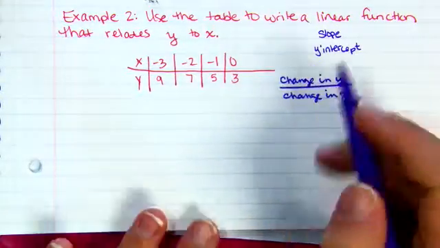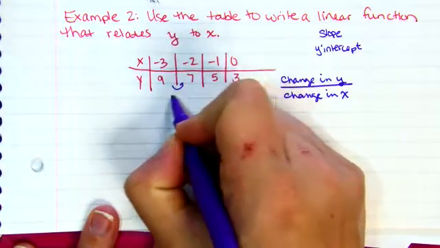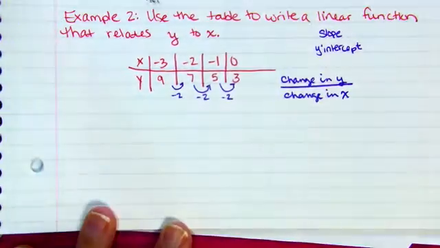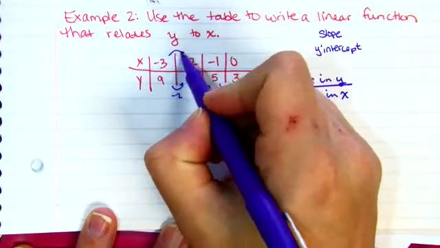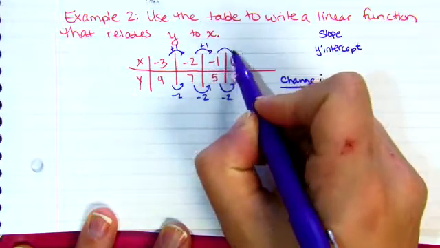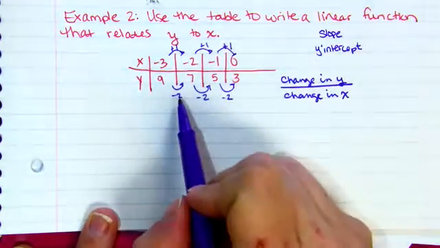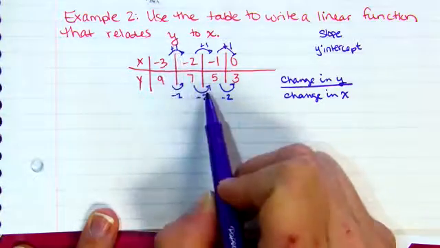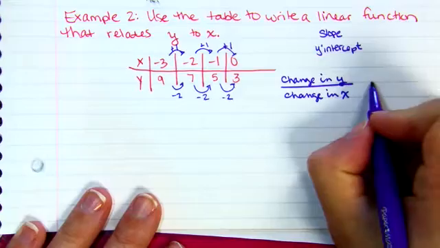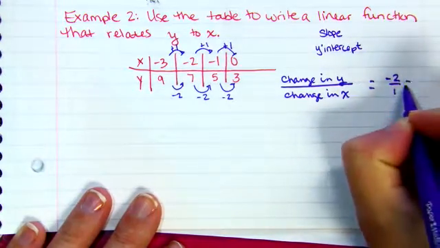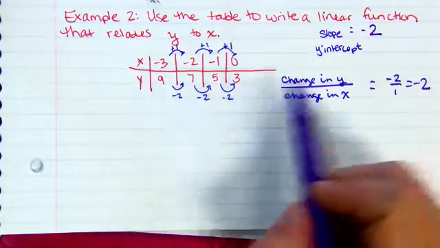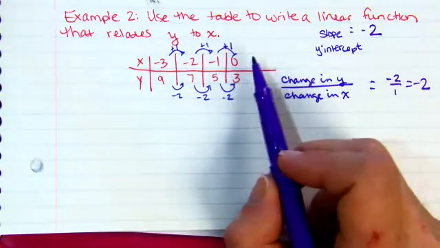So let's look at our change in y. It looks like I'm going down 2, down 2, down 2. Our change in x is up 1, up 1, up 1. So our change is negative 2 over 1, negative 2 over 1, negative 2 over 1. It's constant. So our slope is going to be negative 2. Now for our y-intercept, remember that is where x equals 0.